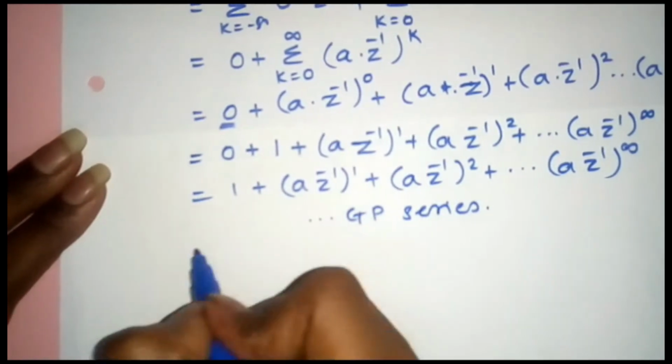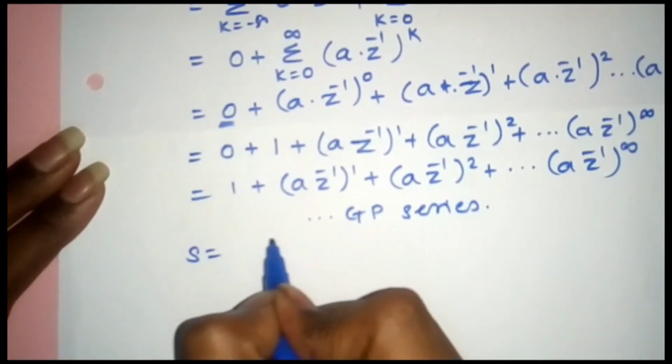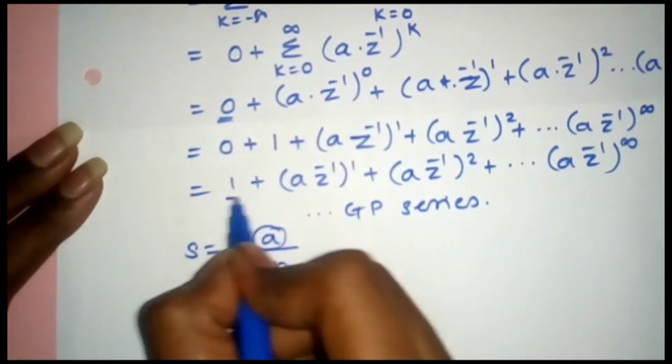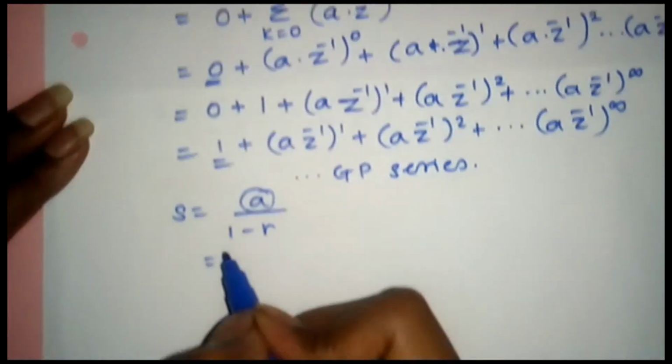So this is a GP series, satisfying the formula S is equal to A upon 1 minus r. Here the first term A is 1. So now we'll substitute the values.